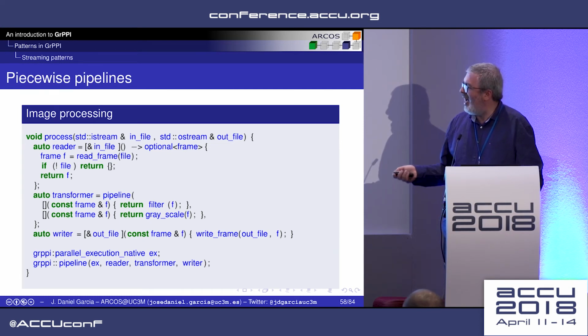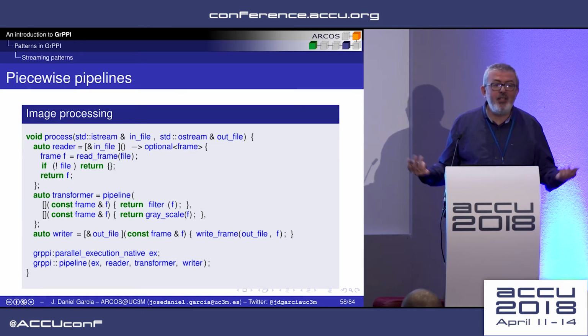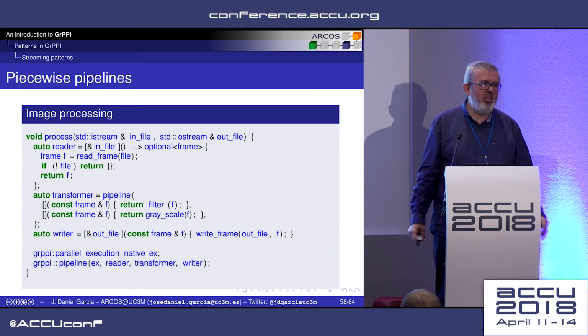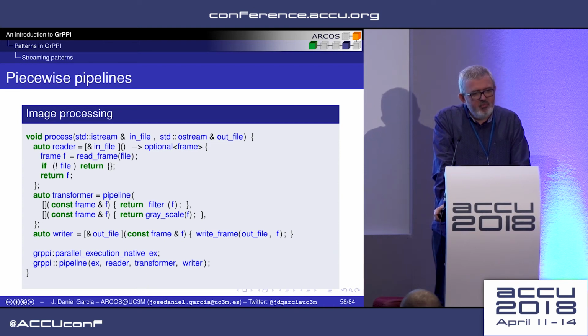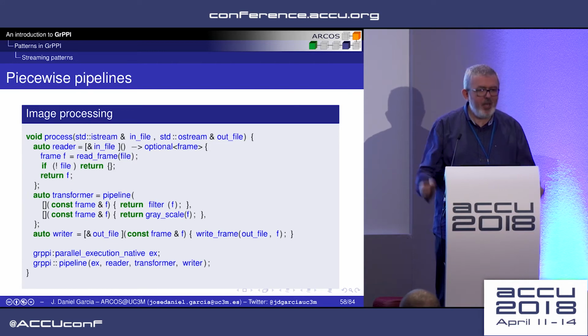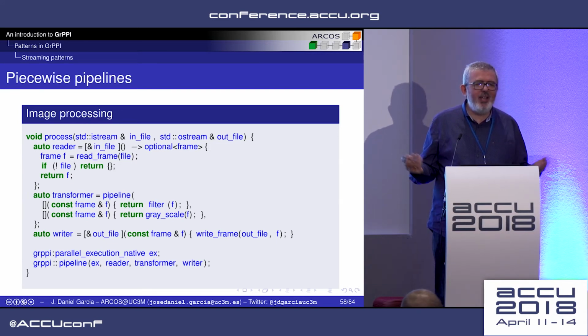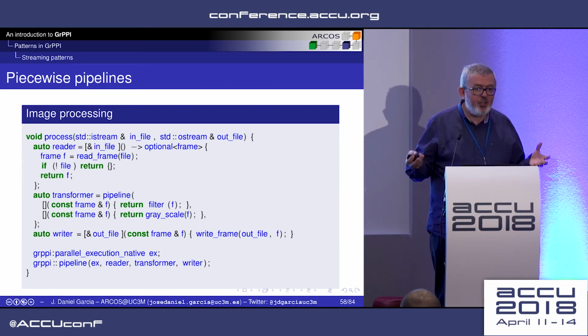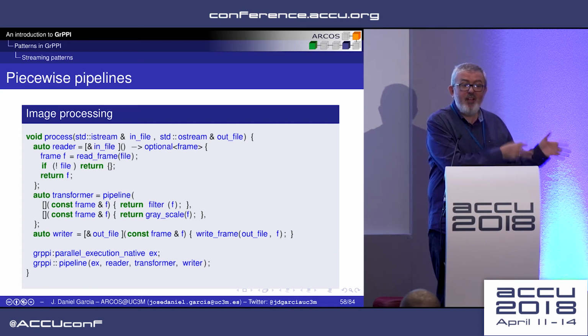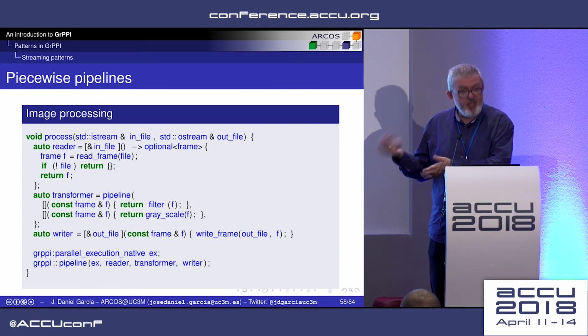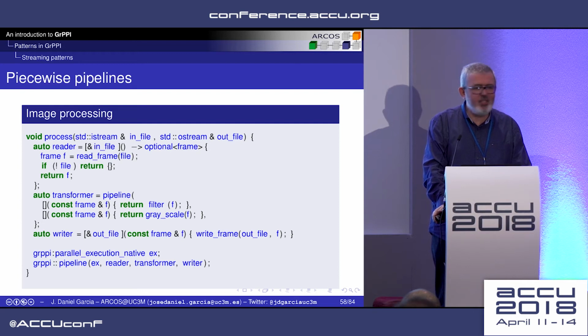In fact, there is nothing that prevents you that one of these stages is not a lambda, but is just a C function. I think the stronger argument for this separation is that you can provide a library that has part of the pipeline. For example, something that comes very easily is providing as a library a number of generators that read from specific file formats and a number of consumers that also write in file formats. Yes, absolutely.